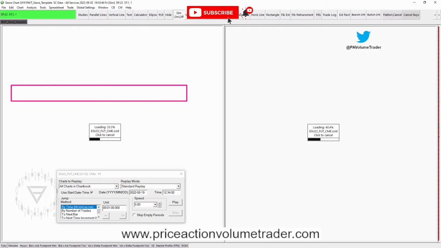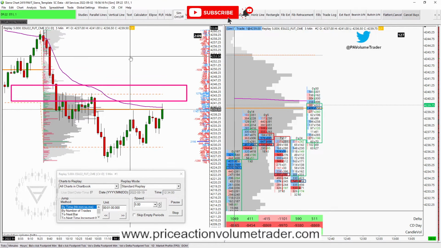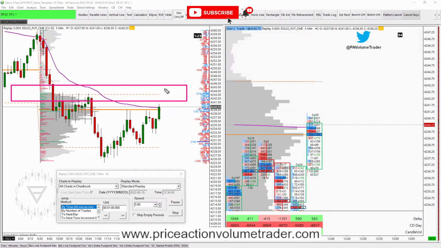Okay, the footprint is going to load first. So we are right over here, and we're going to pay attention what happens when we come up into this point.